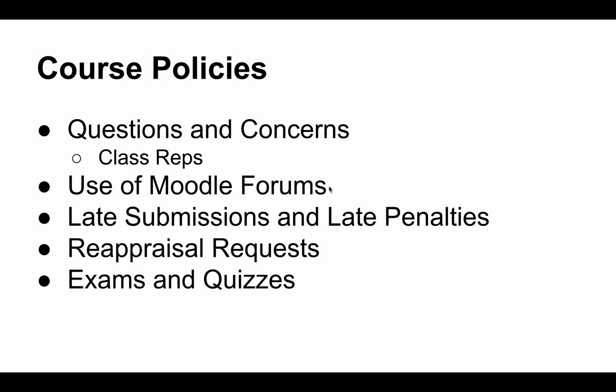I mentioned the Moodle forums. I've mentioned that it will be clear on every assignment and all the term work, every assignment, every lab, the quizzes, and so on, what the acceptable timeframes are, and what the penalties are. There's some material in the course outline on what you can do if you feel that anything that's been graded has not been graded appropriately.